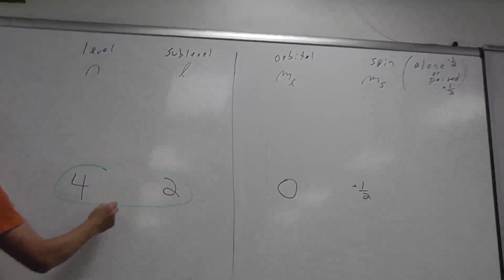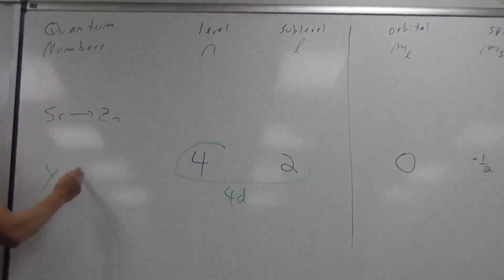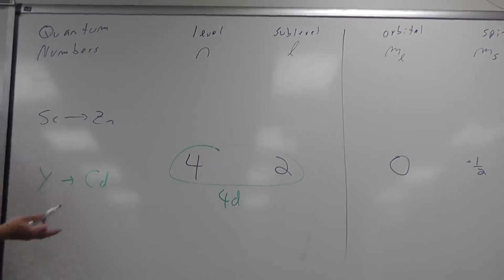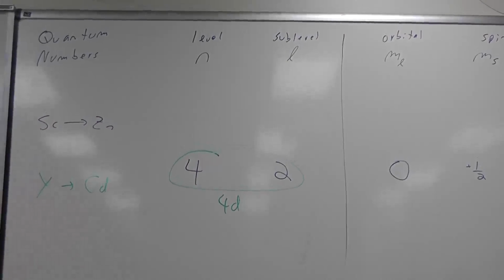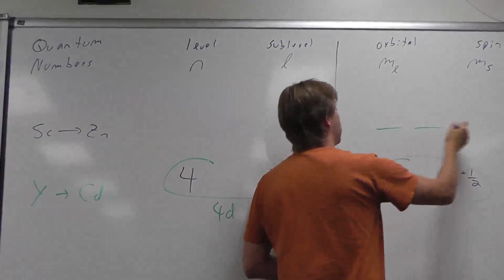It's 4D. And so right now we know it's somebody from yttrium through cadmium. Got to be one of them, correct? And then we go to these and we sketch out our D sublevel.